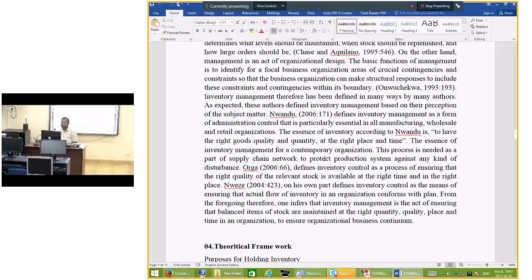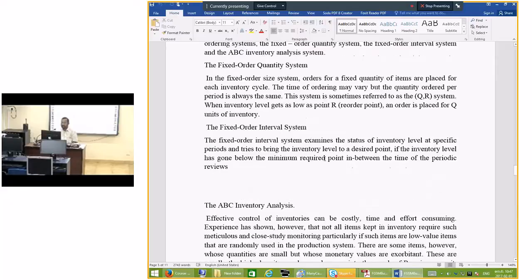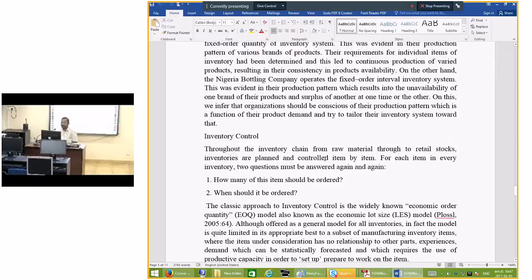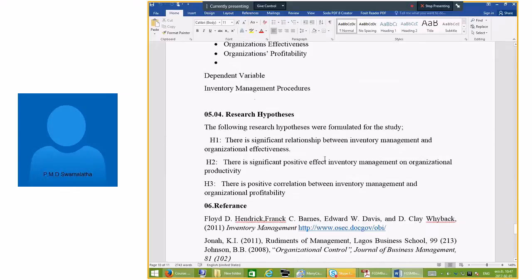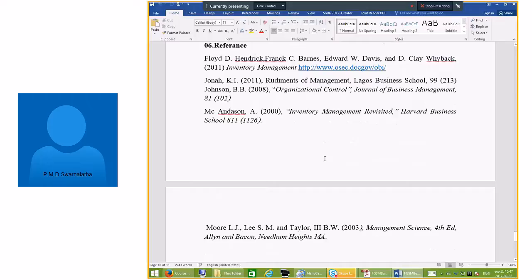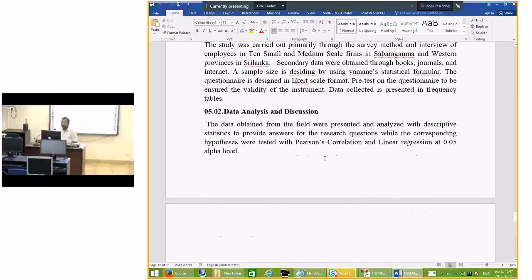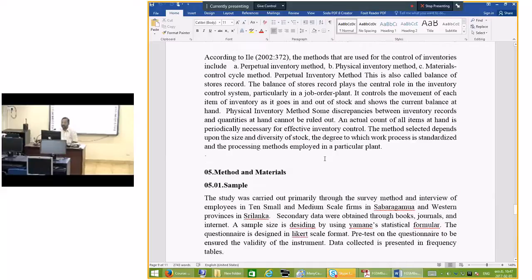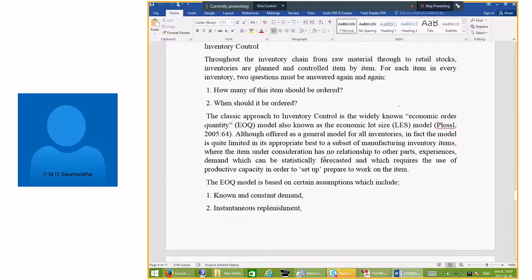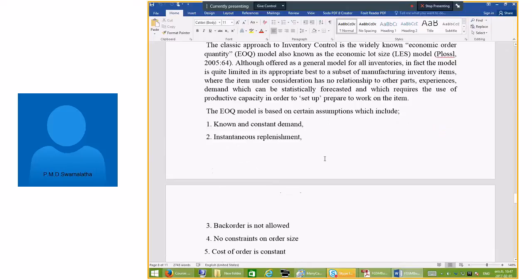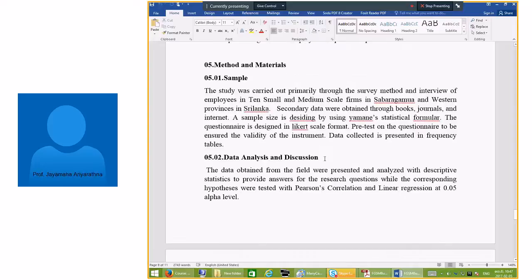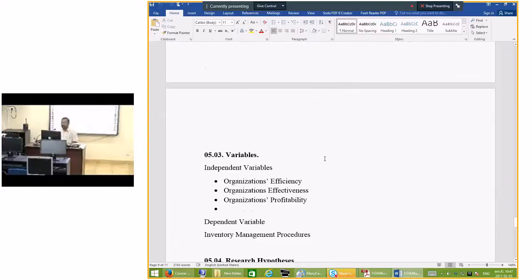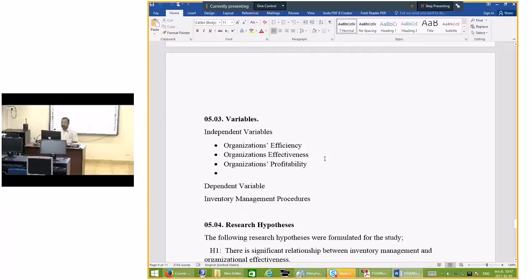What is your conceptual framework? What is your independent variable? Dependent variables.